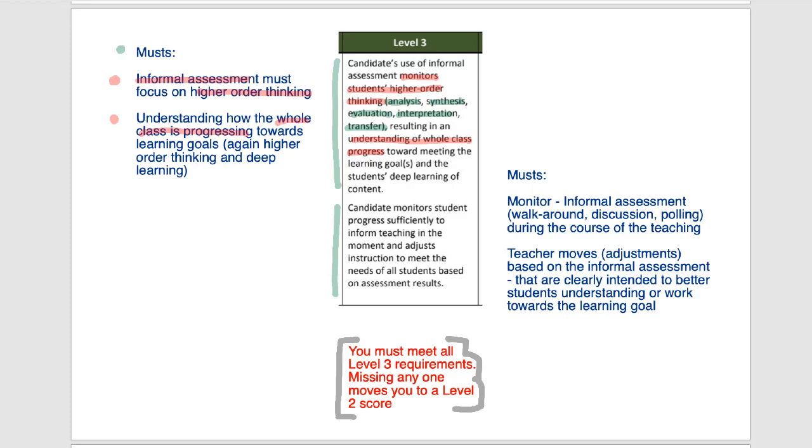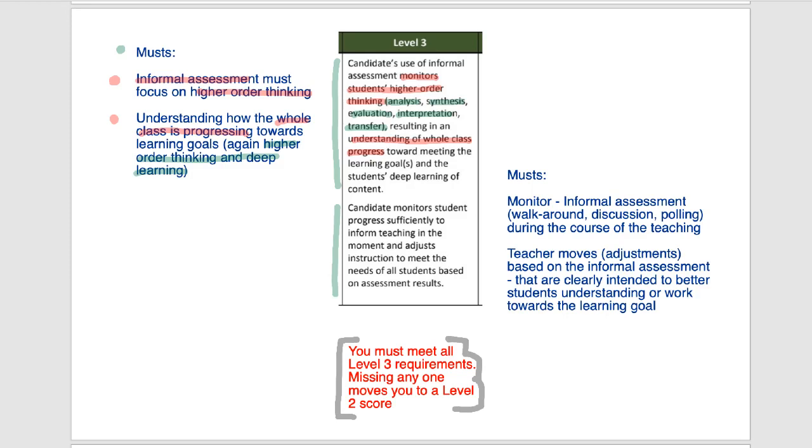Am I doing that? That's what the work of the informal assessment is. Okay, and I'll put down here, just make sure you're always giving attention to higher order thinking and learning. So 2 things on this one: assessing higher order thinking and checking how the whole class is progressing. Those are the first 2 musts for level 3.